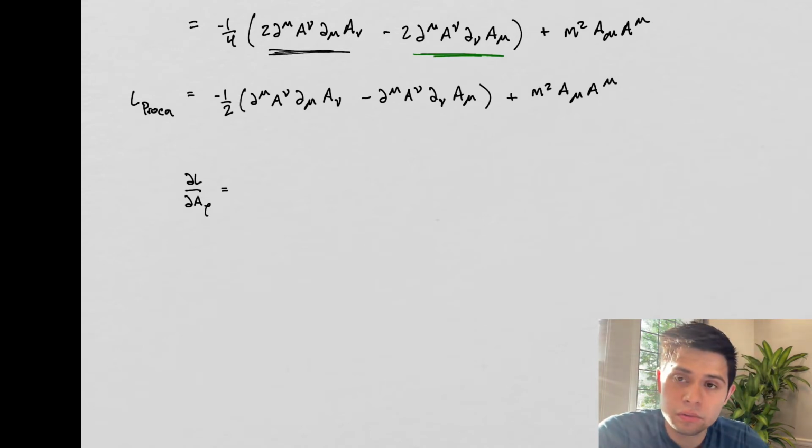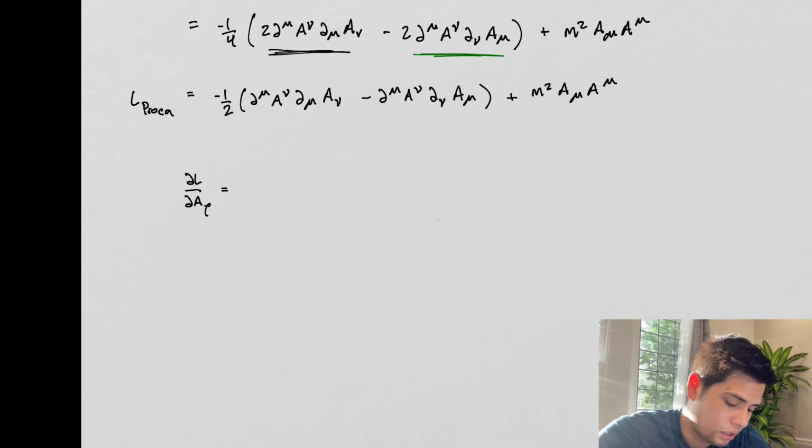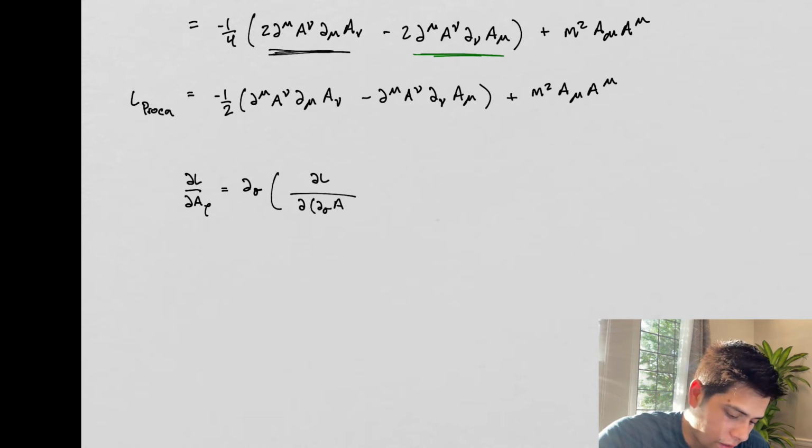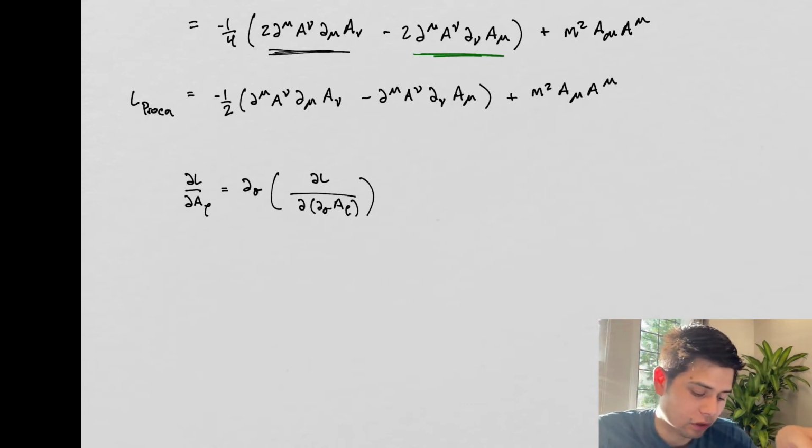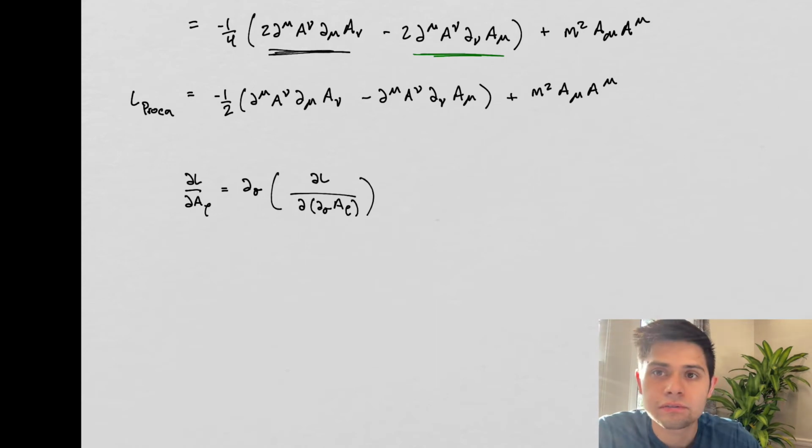Again, this is going to be in terms of A, and I'm just labeling A again with a dummy index. Minus d sigma of dL over d(d rho A gamma). So again, this is just the Euler-Lagrange equation with our A's instead of phi.